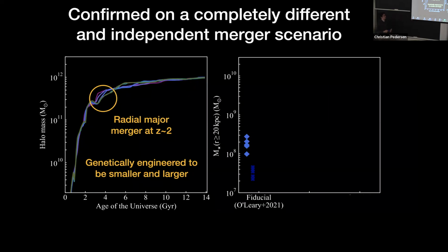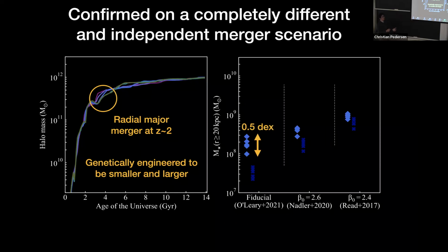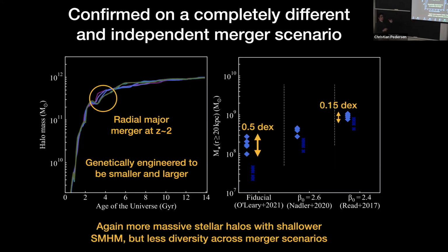And once again, what we saw was that as you change the star formation histories for the dwarf galaxies, you would make more massive halos because they are more accreted, but you would reduce the diversity. And so getting the stellar mass to halo mass right for the dwarfs seems to be an incredibly important component to getting the diversity of the stellar halos correct. This is a point that has been made a few times in the literature, and I think it is one of the avenues that we need to solve for cosmological simulations.